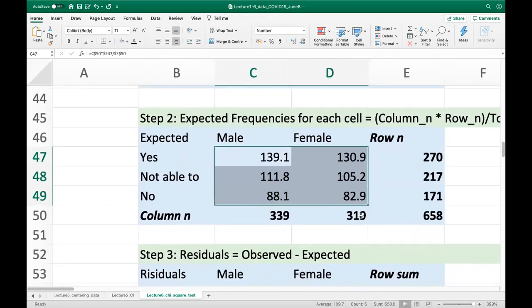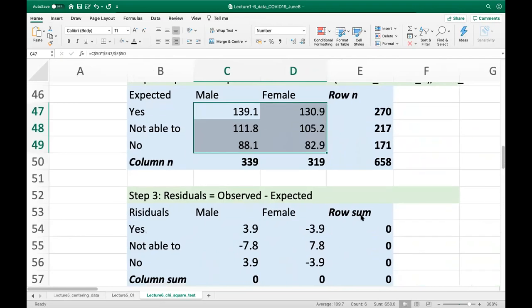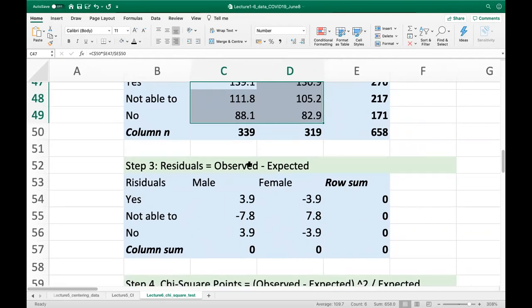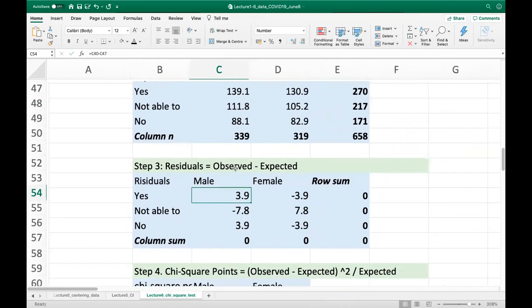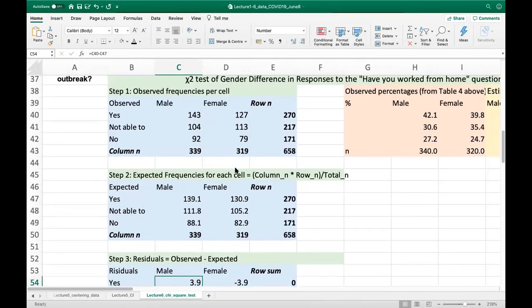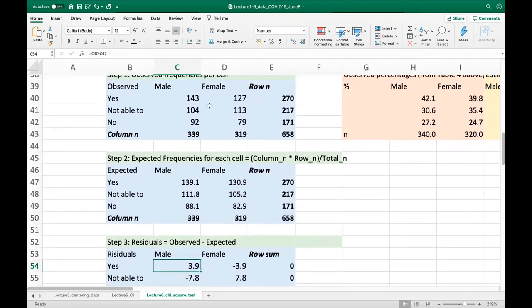The third step is to produce what we call residuals, which is observed minus expected frequency. Okay, so for this one it is C40 minus C47. If we zoom out a little bit, we can see that that's the difference between 143 and 139.